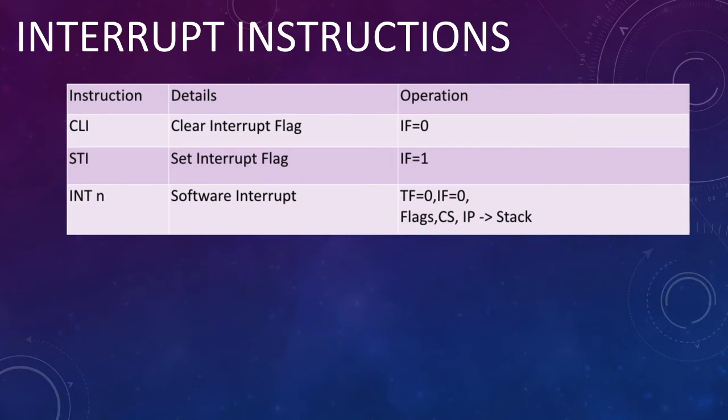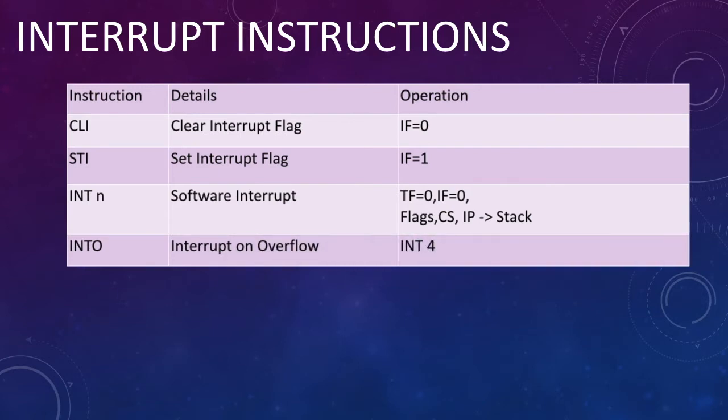INT n is a software interrupt as discussed in the previous slide also. When this instruction is written, the trap flag and interrupt flag are set to 0. All the flags, the code segment content and IP content are put on the stack, and the control is transferred to the interrupt subroutine.